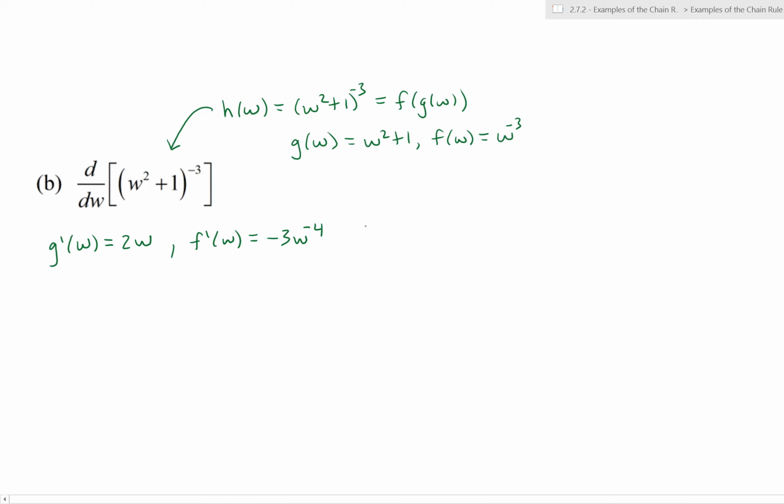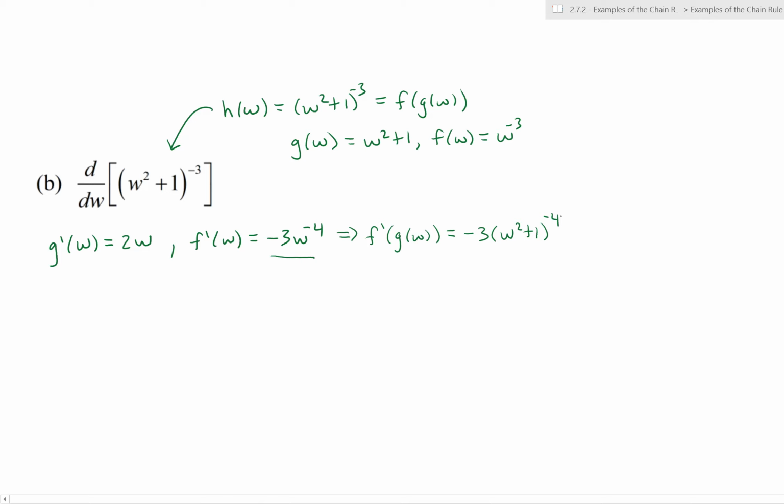Differentiating f with respect to w, it then follows that f prime of g of w, which we need, is take our function and replace the input w with w squared plus 1, which is g of w. So we'll get a negative 3 times w squared plus 1 to the negative fourth power.